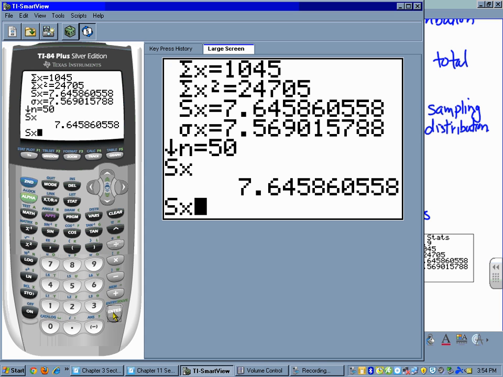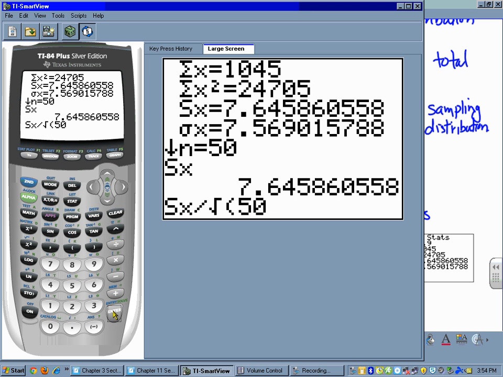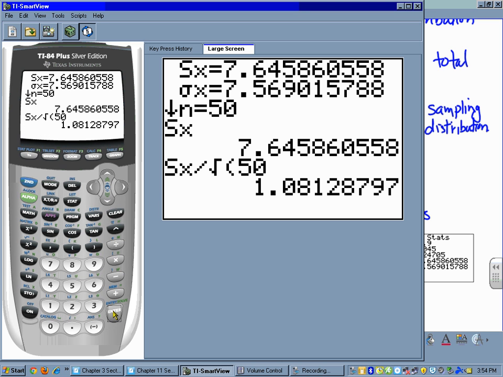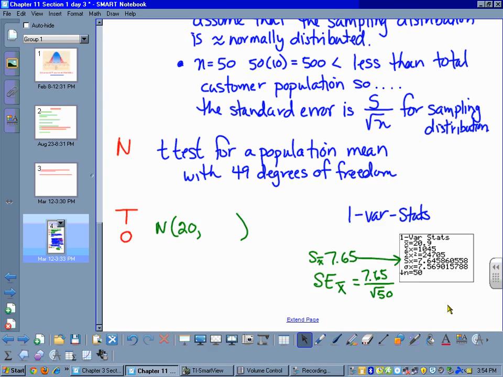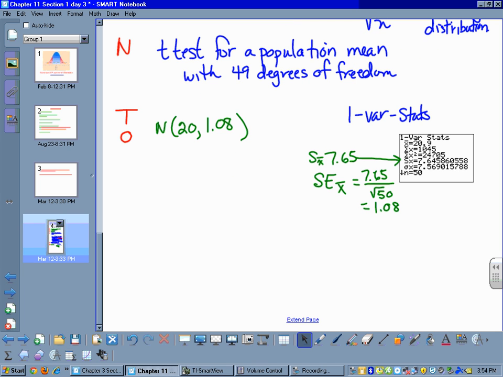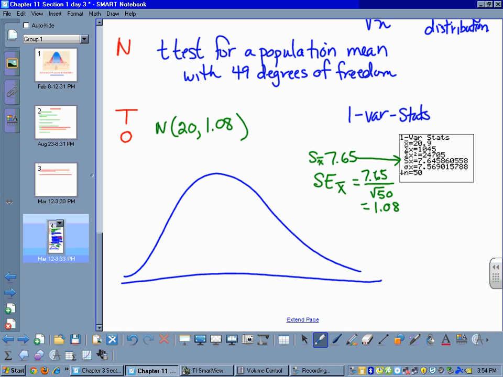So I'm going to use that divided by the square root of 50. And I get 1.0812. So I'm going to use 1.08 as my standard error. So now I can draw my graph. 20 goes in the middle.